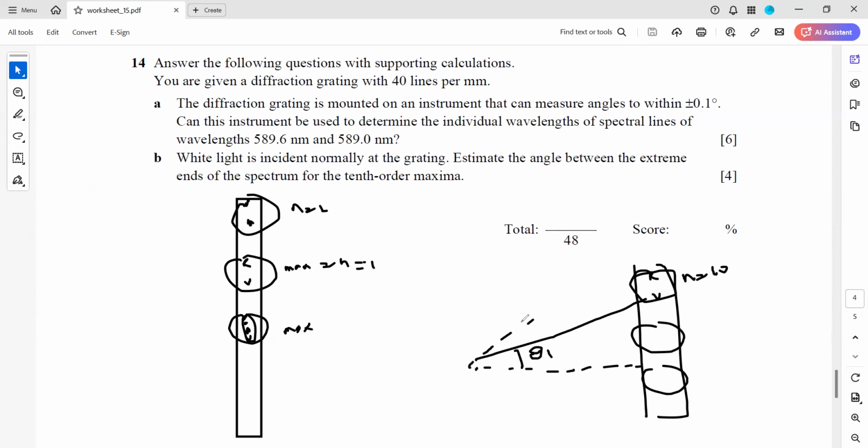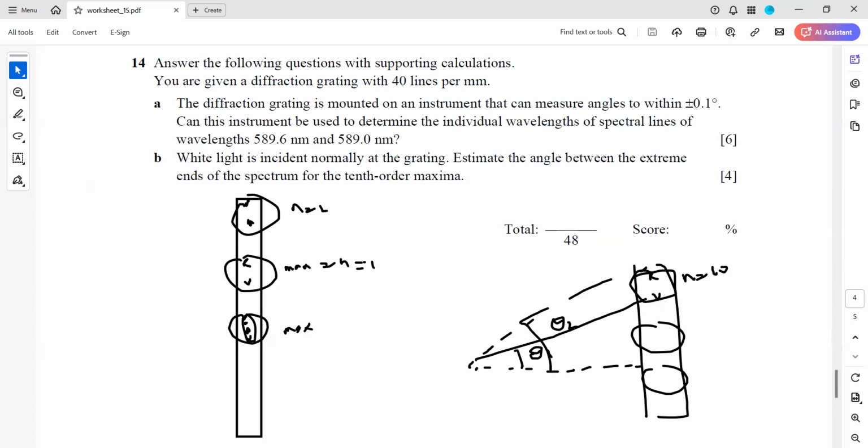Then we'll determine the angle of the 10th order red from the central maxima, and take the difference. Is it clear? Yeah, for violet, theta is 9.2.